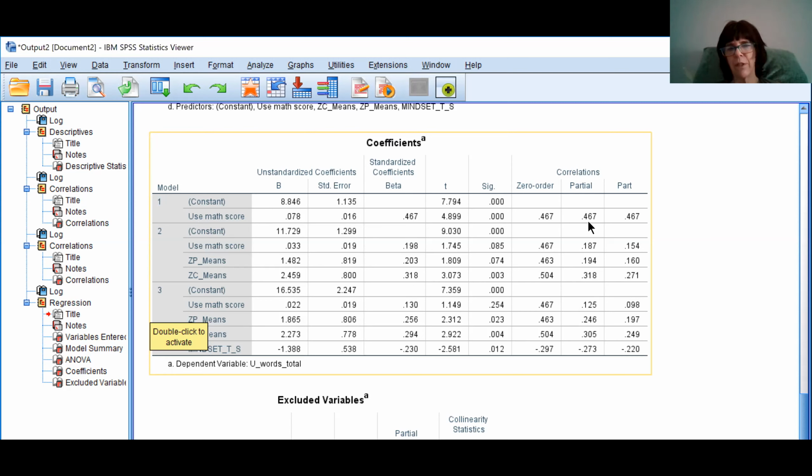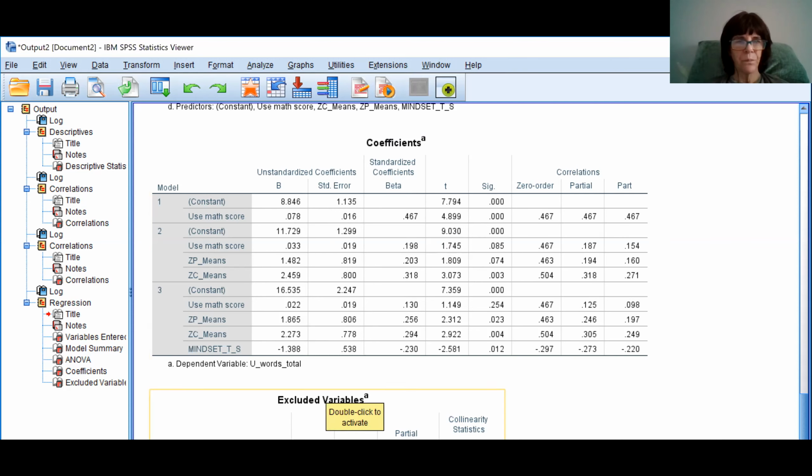Because it's the only variable, its zero order, which is its bivariate correlation with unique words, is the same as everything else, because nothing else is vying for the space in the variance of unique words. One thing I would want you to notice if you were in my stats class is that the t-test is equal to the B coefficient divided by its standard error.